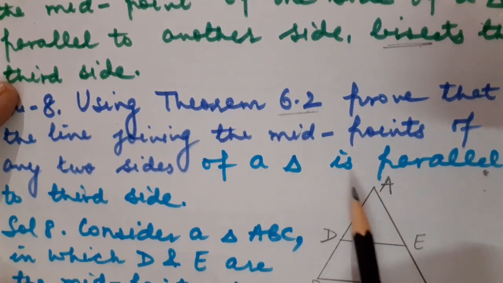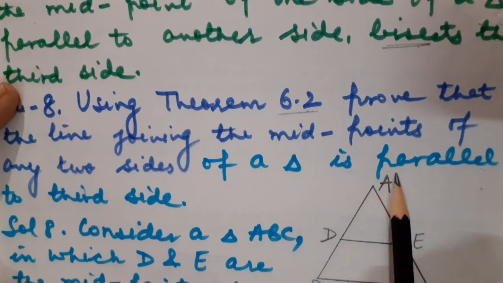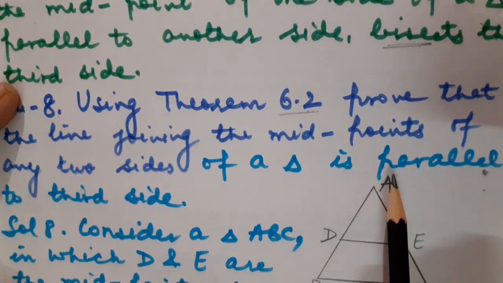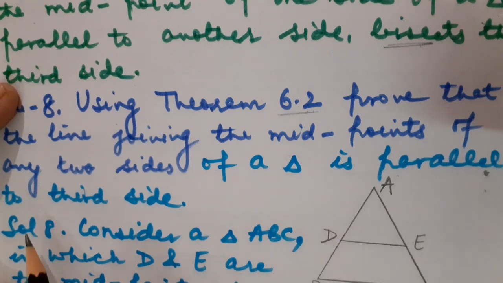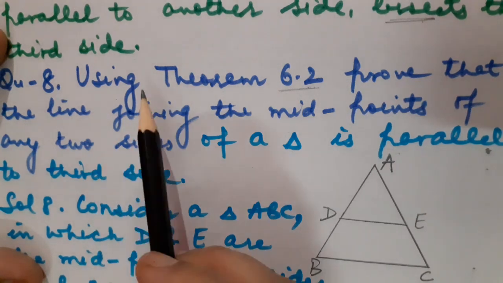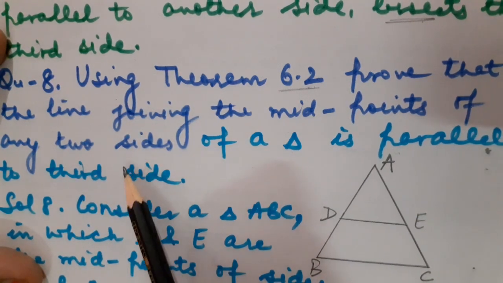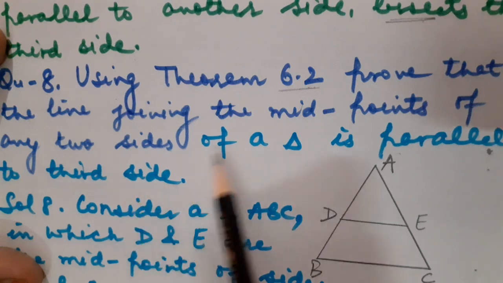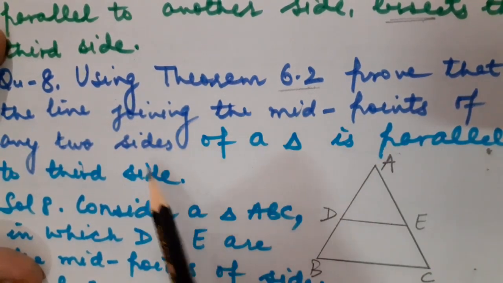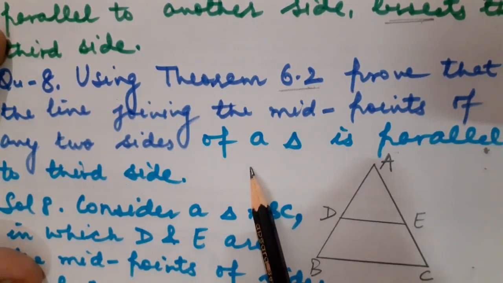But here you will have both midpoints given, of both sides of the triangle. Then we have to prove that the line joining the midpoints of both sides of the triangle is parallel to the third side. This we have to prove now. So children, while reading this question, something may have come to your mind: this is nothing but the converse of the midpoint theorem, which you learnt in class 9th, right?